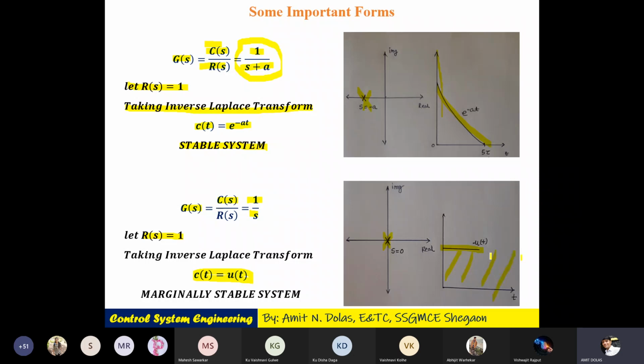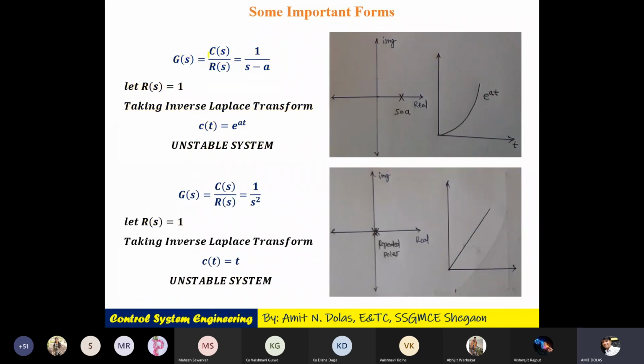It will be infinite as we go ahead. So it is marginally stable. 1 by S means marginally stable. 1 upon S plus A is stable. Another transfer function is 1 upon S minus A. Taking R of S as 1 and taking the inverse Laplace transform, it will be C of t equal to e raised to power at. So it will be moving like this. The pole is located on the right hand side. So of course an unstable system.